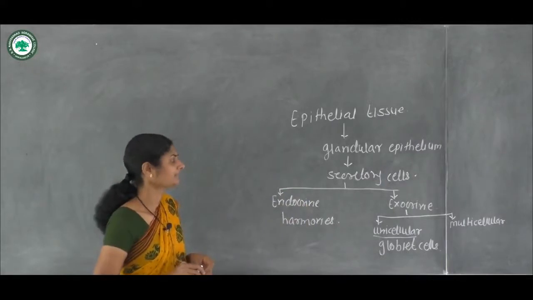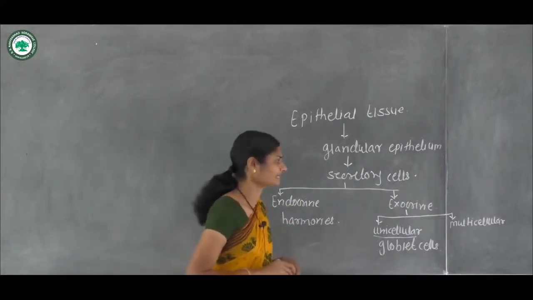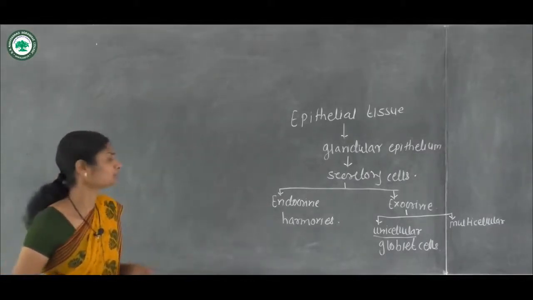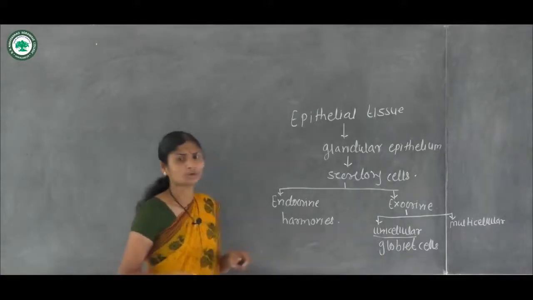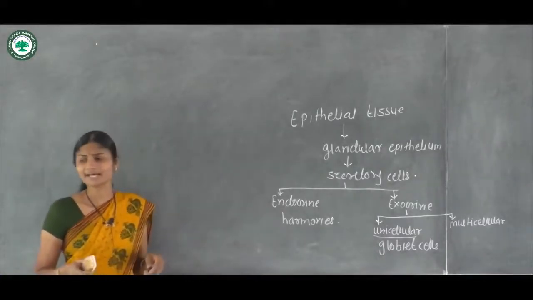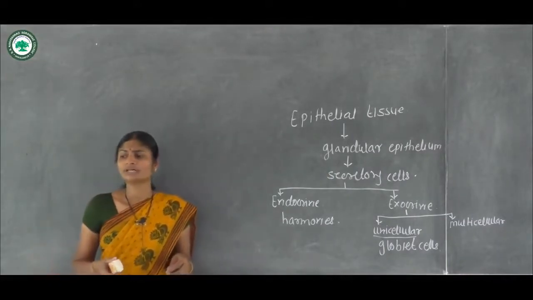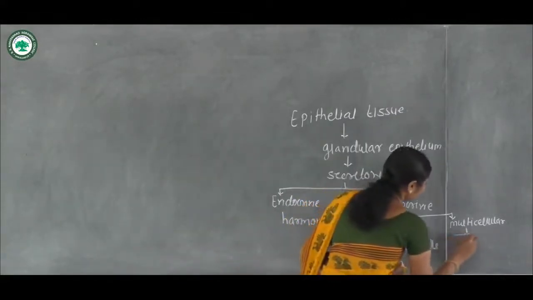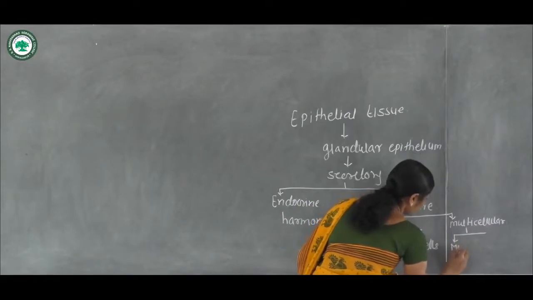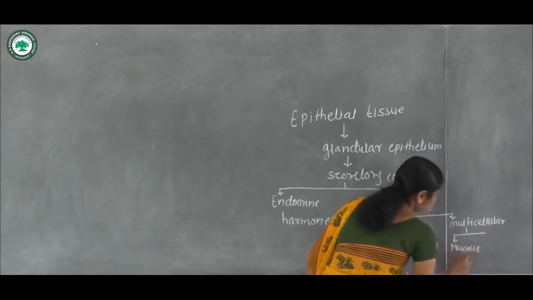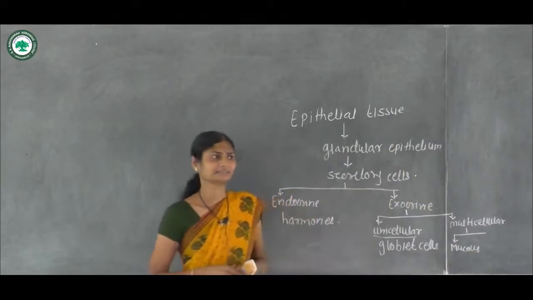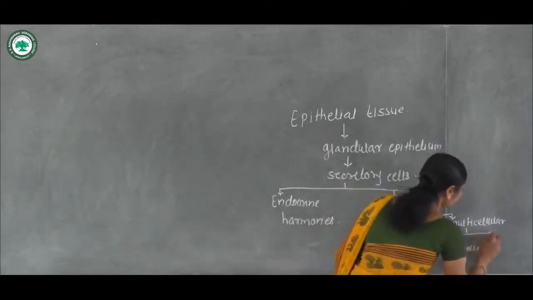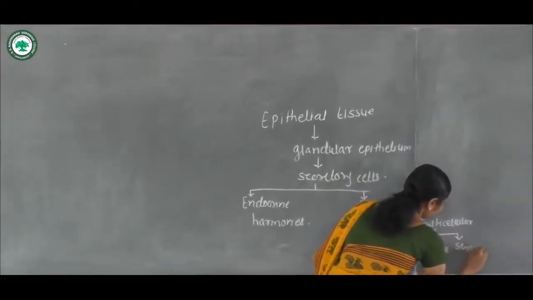Next type is multicellular gland. According to secretion, these multicellular glands are divided into four different types. First one is mucus secreting gland, which secretes mucus. Second gland is serous gland.